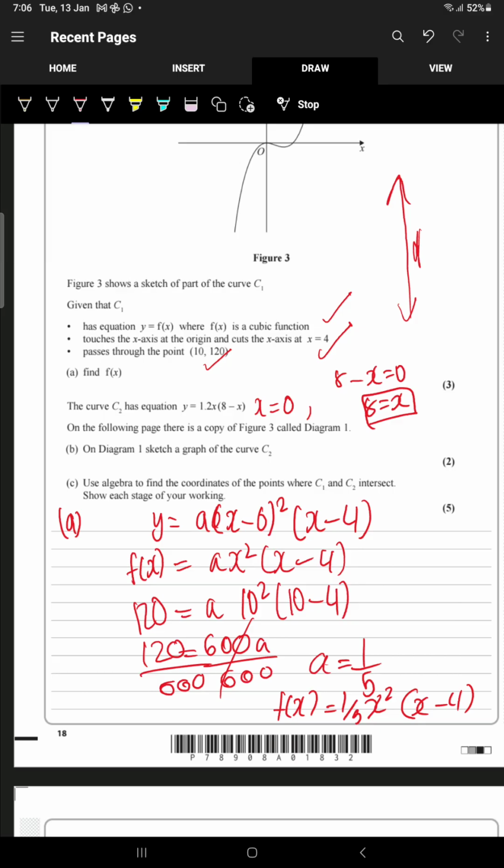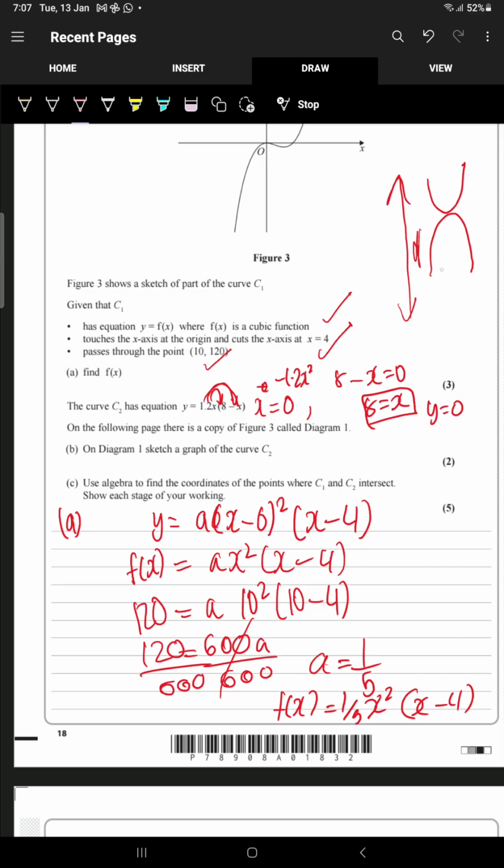Now what's going to be the shape of the graph? Well, if you expand this, you are going to get minus x squared plus 8x. The coefficient of x squared tells the graph its shape. If it's negative, it is going to be like this. If it is positive, it is going to be a U shape, but when it is negative, it's going to be like an n shape, something like that.